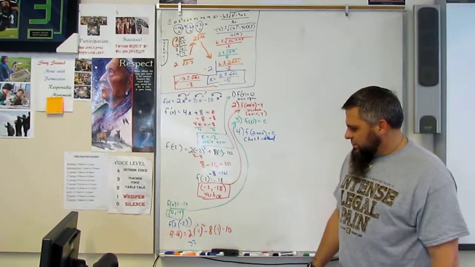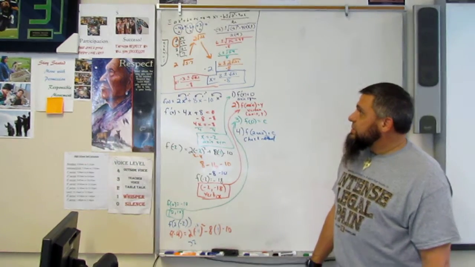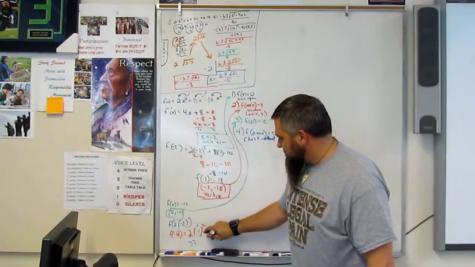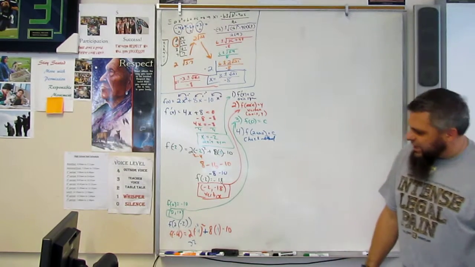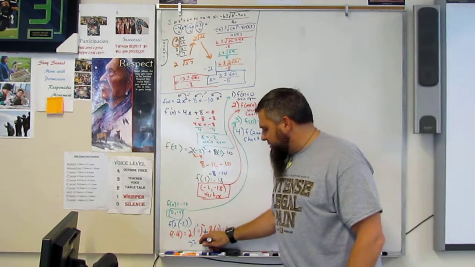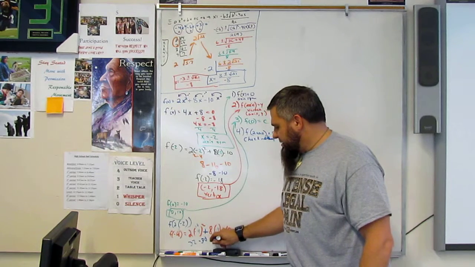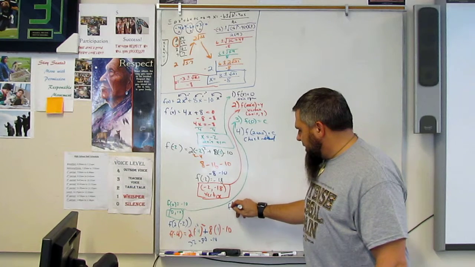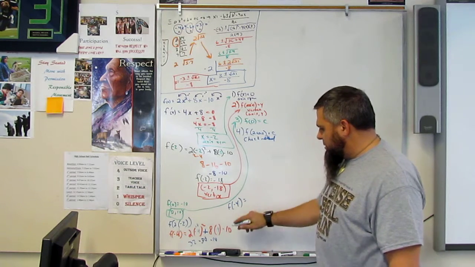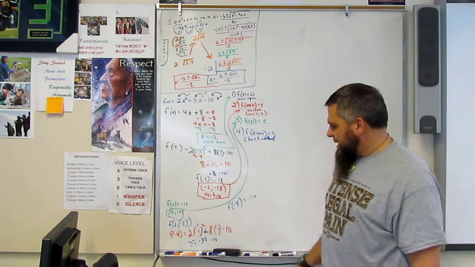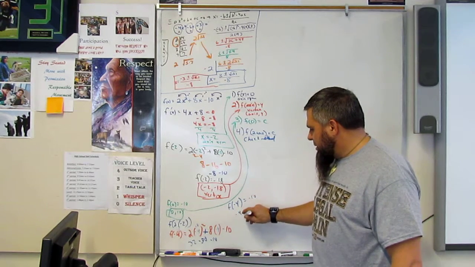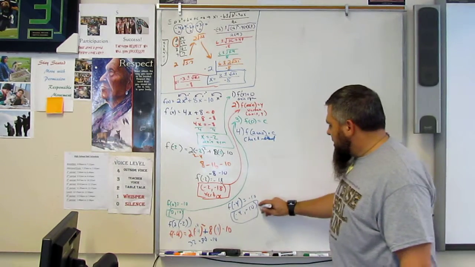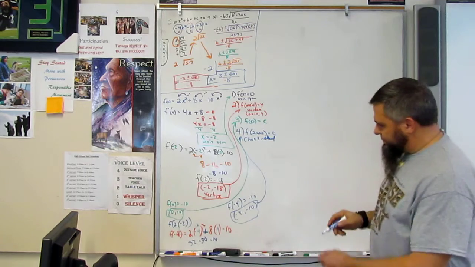Negative 4 times, oh, this is a plus, negative 4 times positive 8 is negative 32 minus 10. So I get basically f of negative 4 is equal to negative 10. So negative 4, negative 10 is my other point. That is number 4.